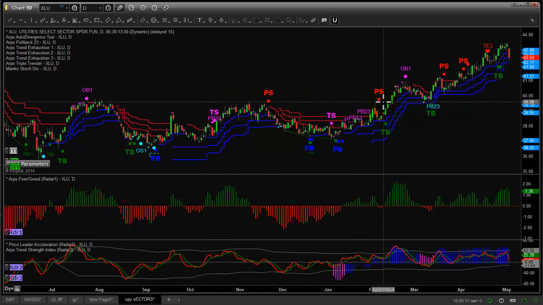But notice right here, about the first week of February, we had a breakout from this range, and it's been moving up ever since. So to me, this is an indication that there's a higher demand for the utility stocks than there was before.